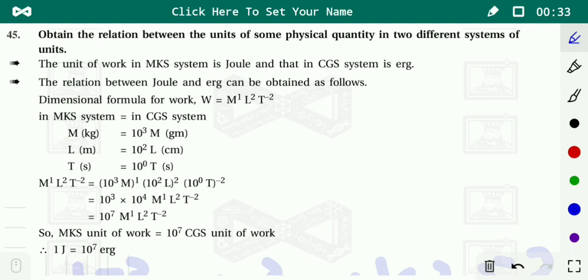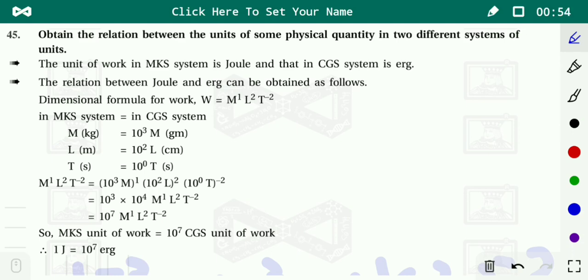Yesterday we have seen that work has two units. In MKS or in SI it is joule, while in CGS it is erg. So 1 joule is equal to 10 raised to 7 erg, or 1 erg is equal to 10 raised to minus 7 joule. This is what we have seen yesterday.